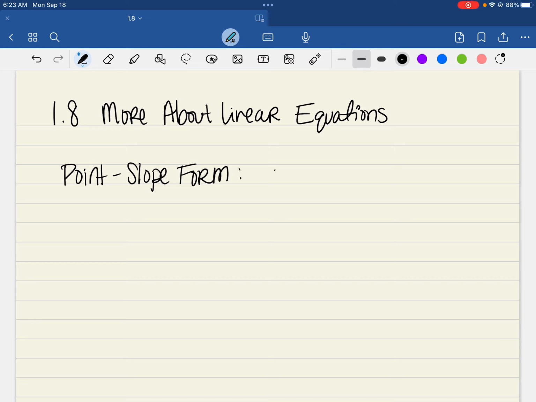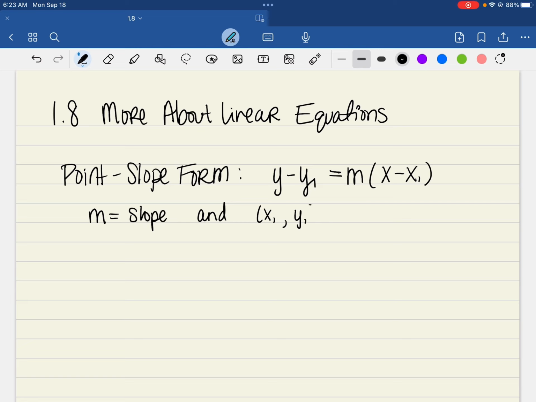Point-slope form is y minus y1 equals m times the quantity of x minus x1, where m is the slope and the values of x1 and y1 are a point.